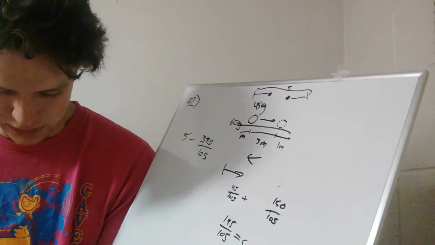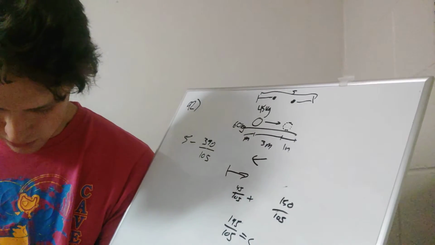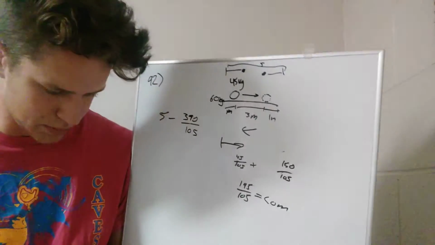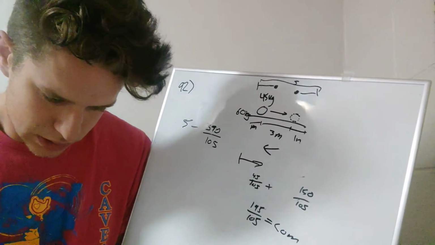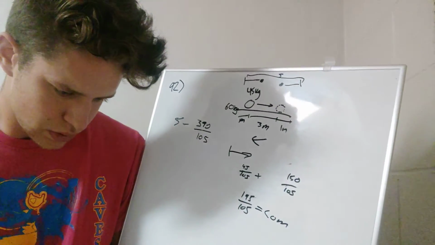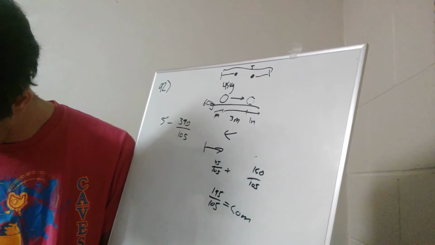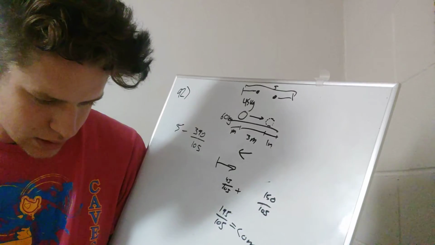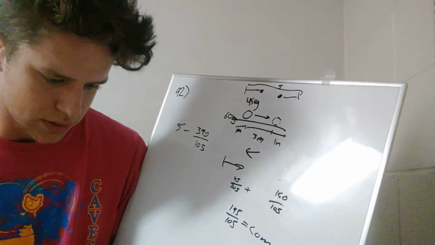So you get 5 minus 390 over 105, and that comes out to be 1.285. I think that is the right answer.